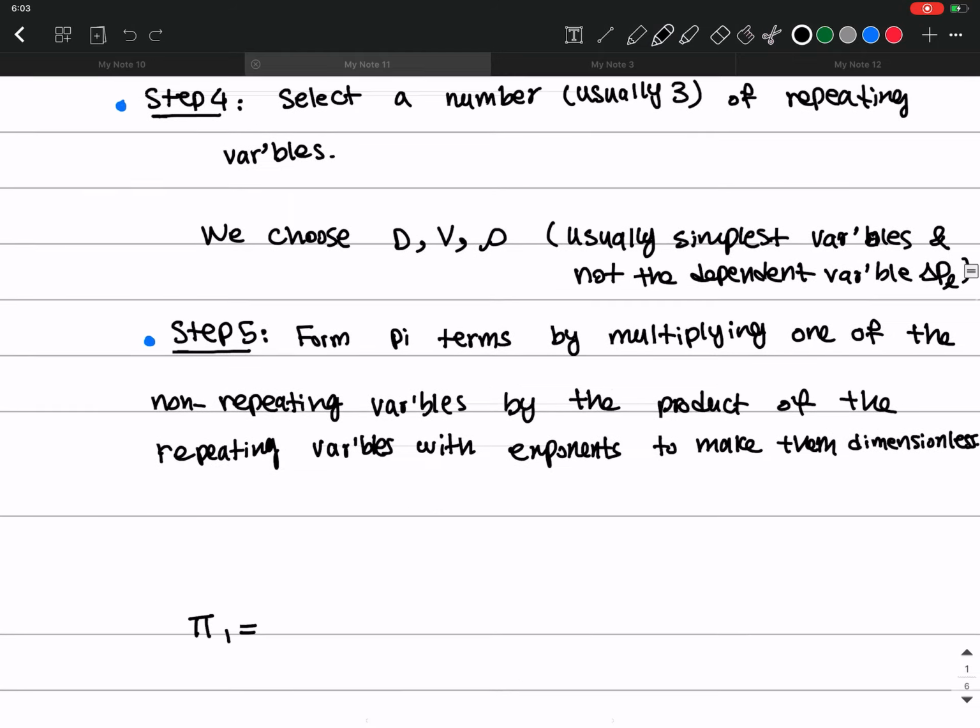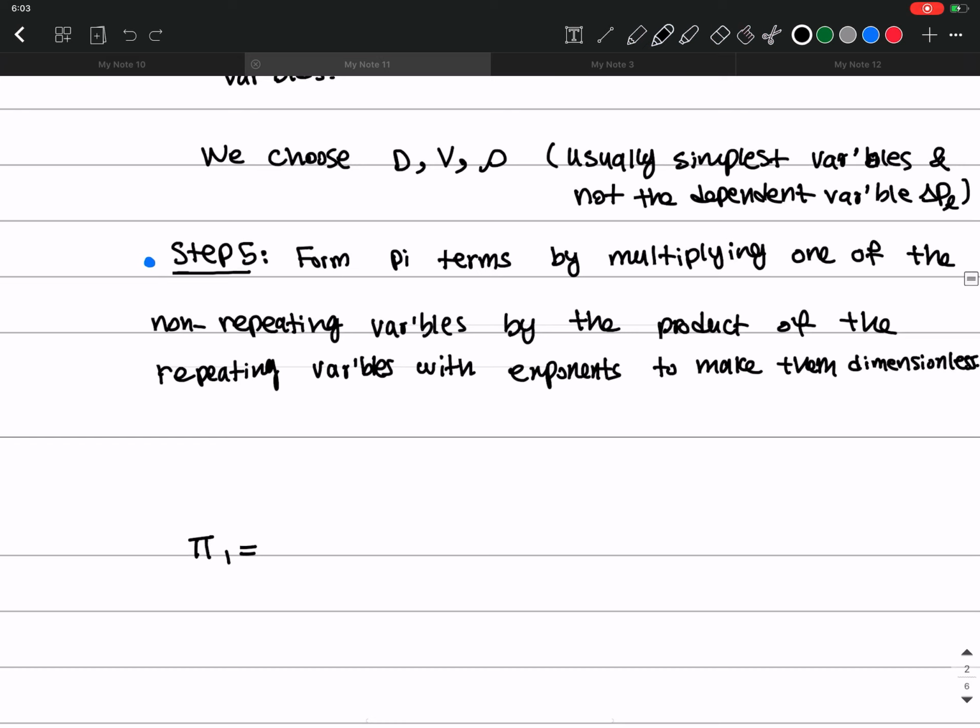So for the first one, I am going to multiply delta PL by the repeating variables, with exponents to make them dimensionless. So D to the power a, V to the b, and rho to the c. Okay, so this is how I do it.